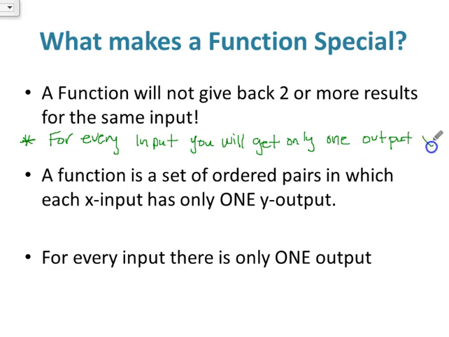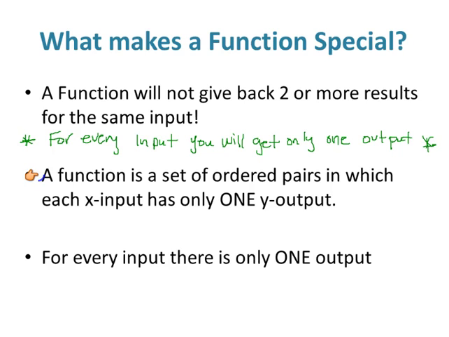So in order to be a function, you will never get 2 or more results back for the same input. I just reiterated this. This is an important one.